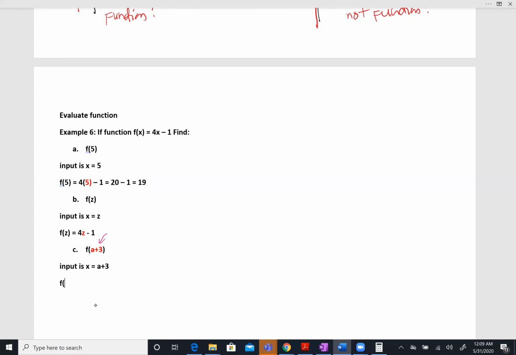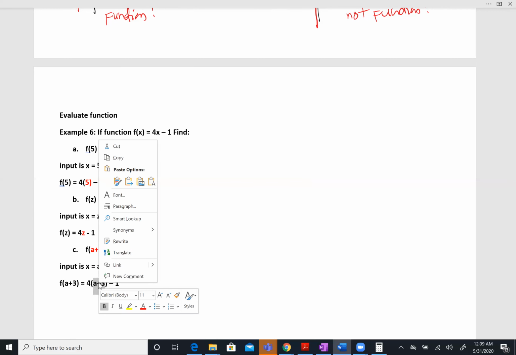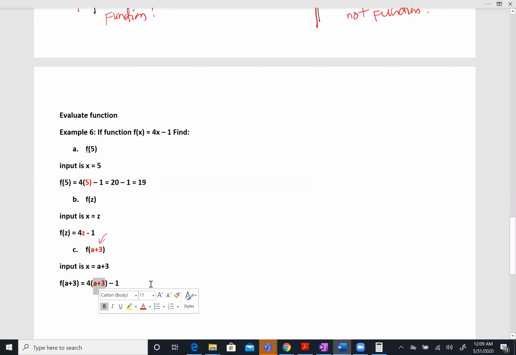Now, f of a plus 3 will be what? I'm going to put out 4x minus 1 from here. But what does x now become? x becomes a plus 3. I'm going to change the color so you feel good with that.